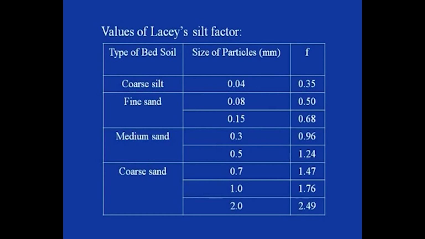Like for example, in case you are encountering coarse sand as a type of bed soil, and the size of particle is of the order of 1 millimeter, then you can use this particular table and pick the appropriate value of the Lacey's silt factor as 1.76.